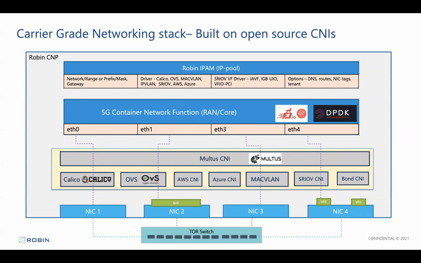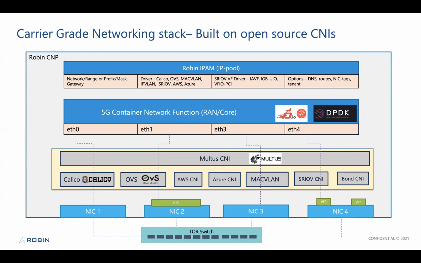The users and the administrators can create different IP pools for different tenants, and that can map to different tenants once you create it. So one IP pool can have an IP address, subnet range and mask and gateway related to that specific network. And that network can be mapped to a specific driver such as Calico, OVS, MacVLAN, SRIOV, or if you're deploying in public cloud, AWS CNI or Azure CNI.